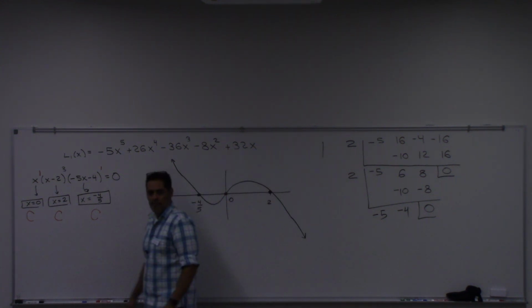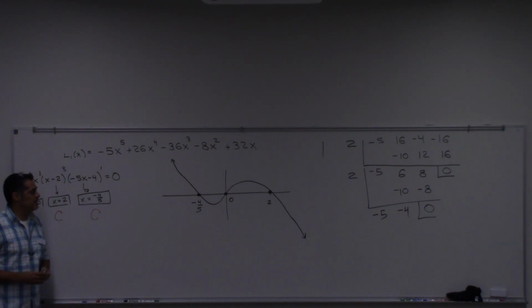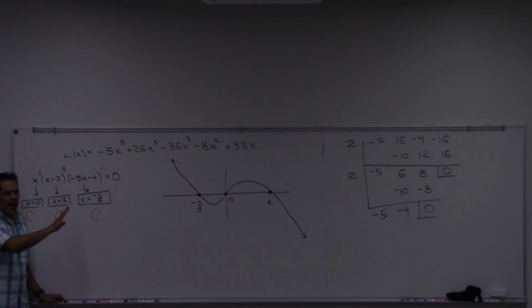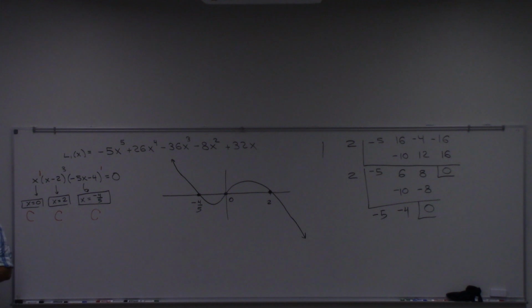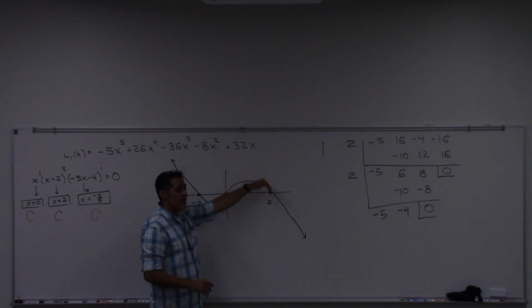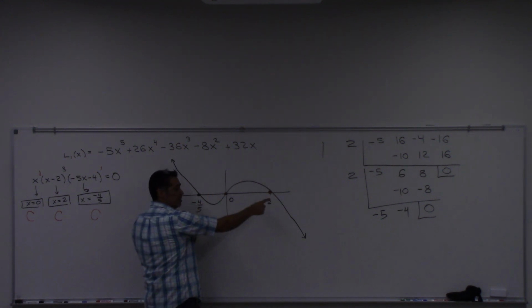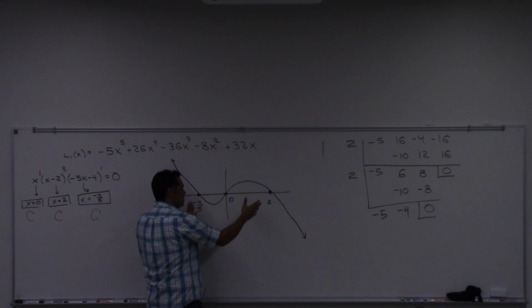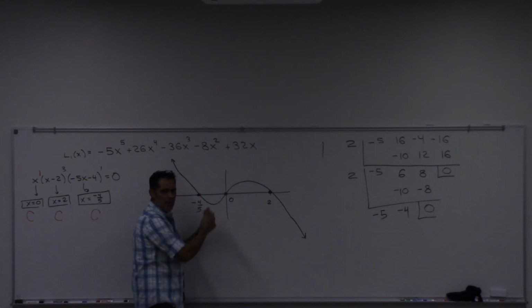That's it. That's the rough graph. Obviously, if we graphed it on Desmos, it would look different. But I told you last time, we're not concerned in this class with how low or how high it goes. Only where it crosses, where it touches, where it bounces, and where it's above and below the x-axis.